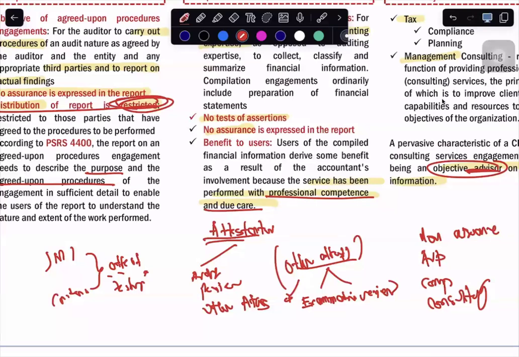Again, why? You're testing something. Pero pagka compilation, consulting, you're not testing something. Therefore, those are non-assurance. Alam niyo naman yung concept ng assurance engagements. Therefore, it's easier for you to understand what are attestations and or assurance engagement.